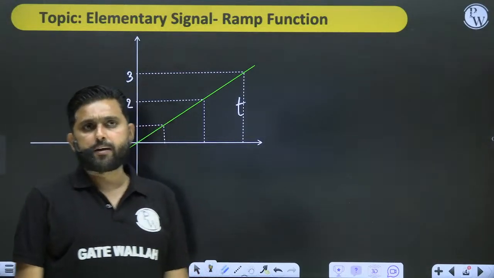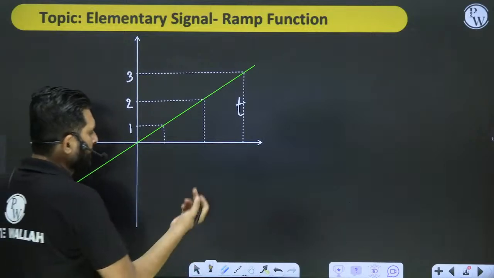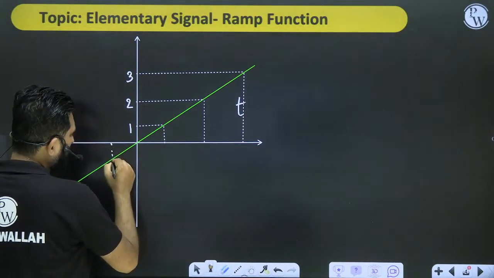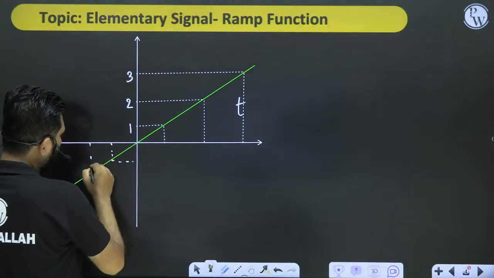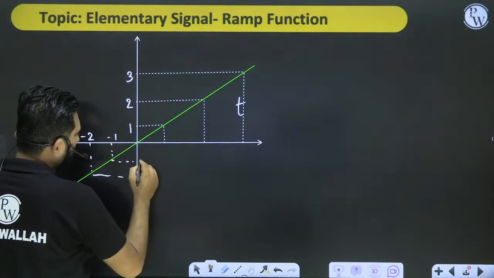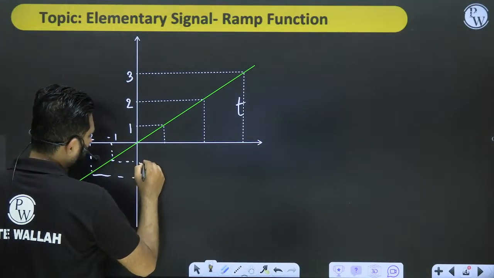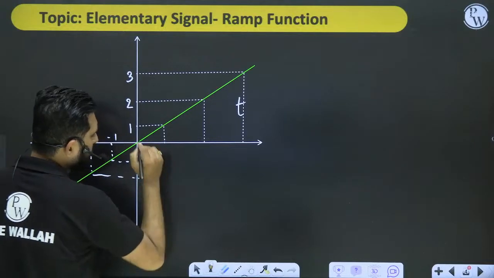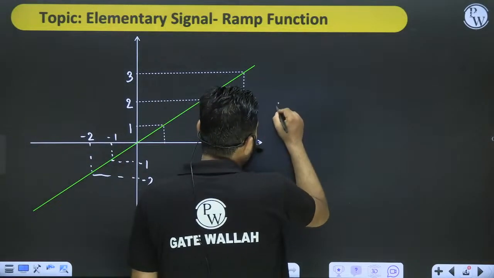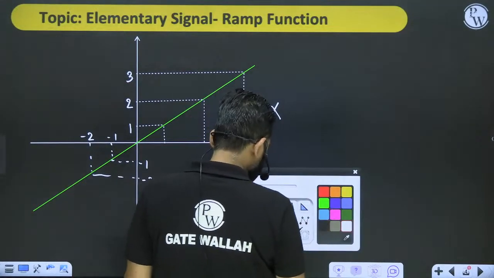Suppose we have this kind of representation. At -1 we have -1, and so on. So this is -1, -2, and so on. This is the representation of a line. What I am doing is that I am multiplying with a function which is this one.